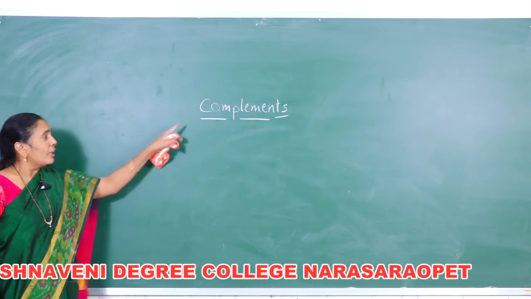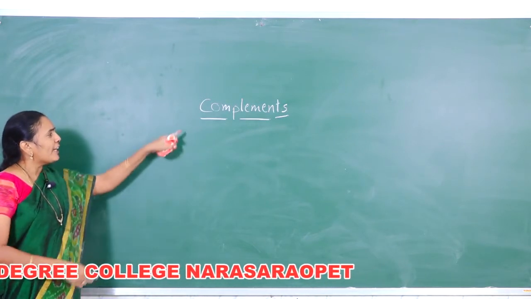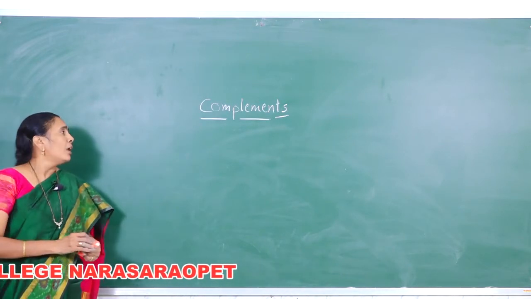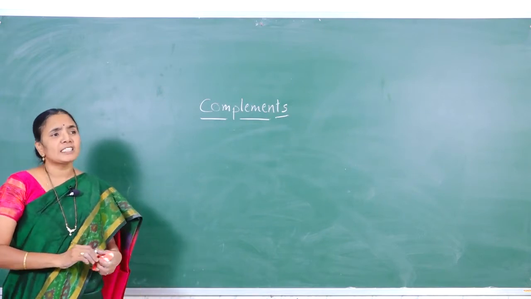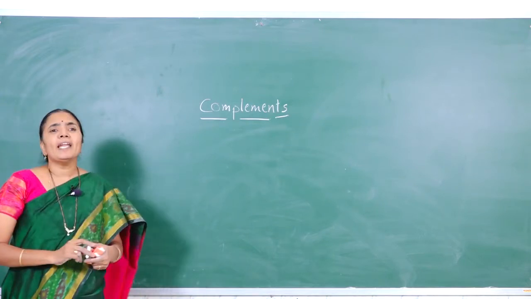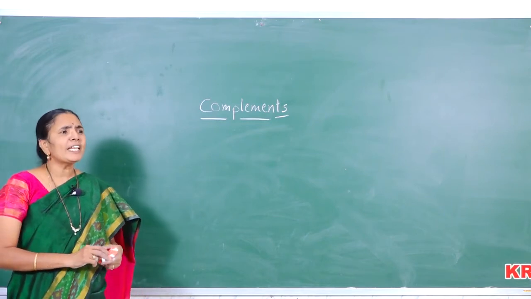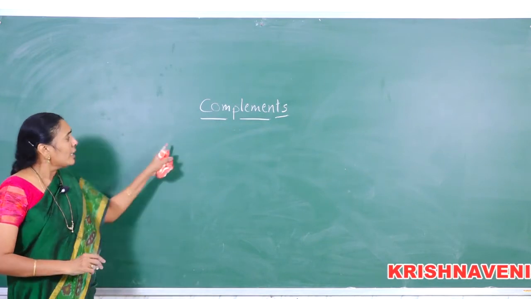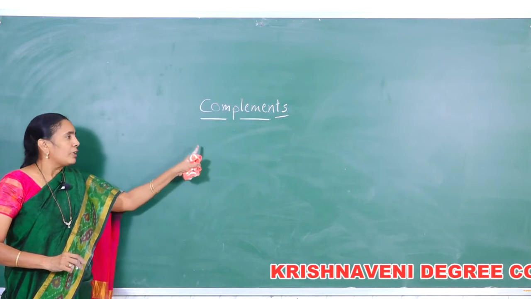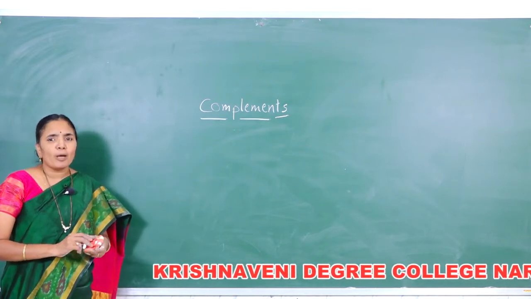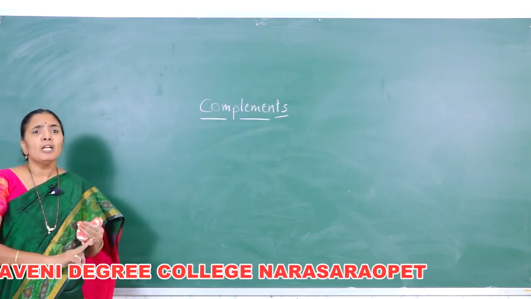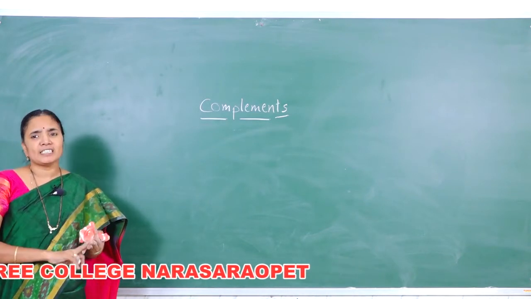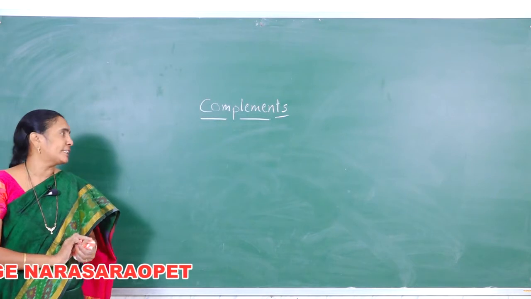So, here you may have a doubt: I am trying to discuss the topic complements, and I have discussed binary arithmetic operations. What is the need for discussing them? If in a computer you have to perform these operations, you require a separate circuit for addition, subtraction, multiplication and division.